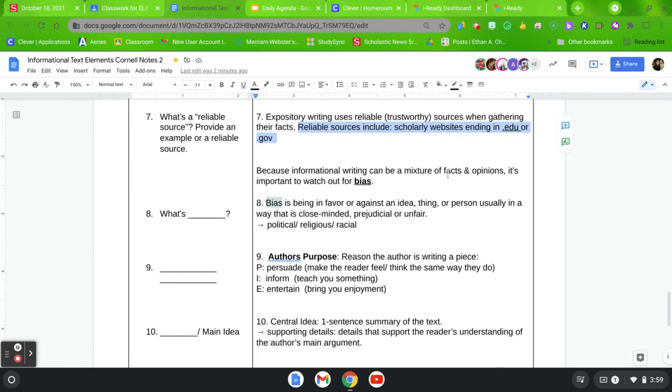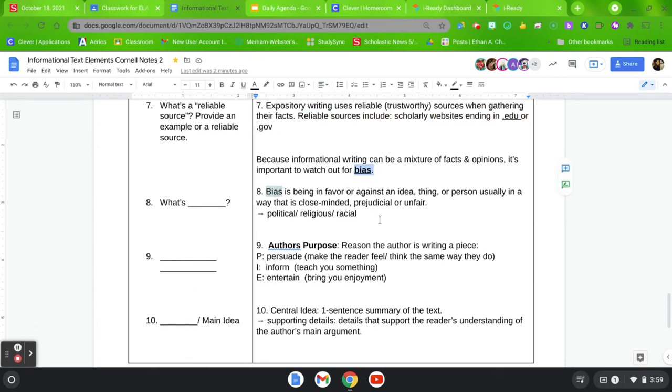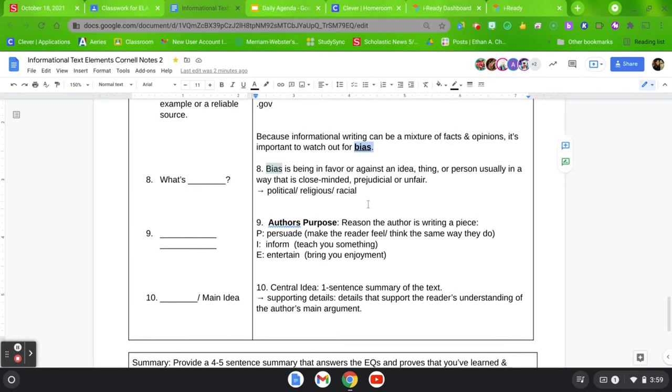Because informational writing can be a mixture of facts and opinions, it's important to watch out for bias. I was just talking earlier about cats and dogs, and it was my opinion that dogs make better pets. Well, that's because I'm biased towards dogs. I have an unfair favor for dogs, and that's because I've never owned a cat.